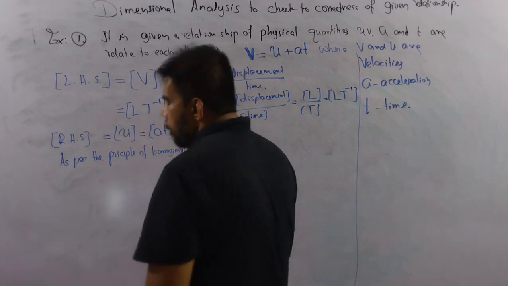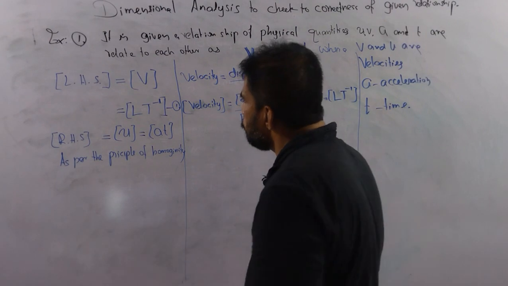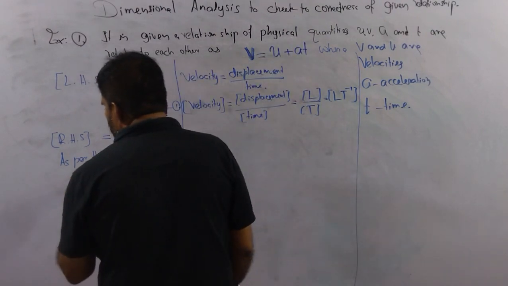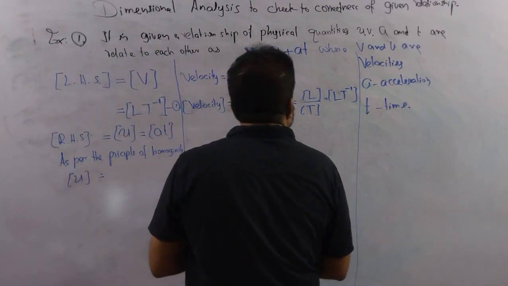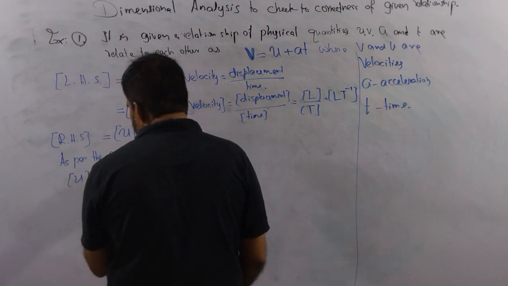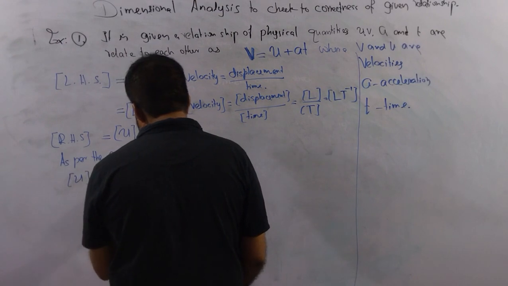We know the dimension of U also: velocity, so the dimension is L T minus 1. I can say this is equation 2.